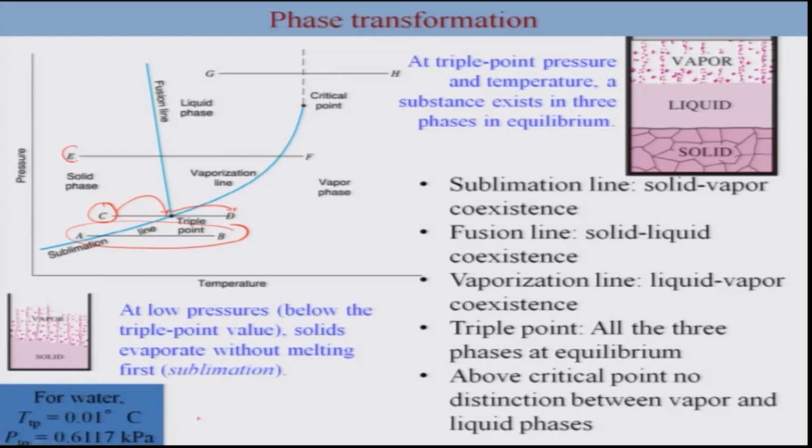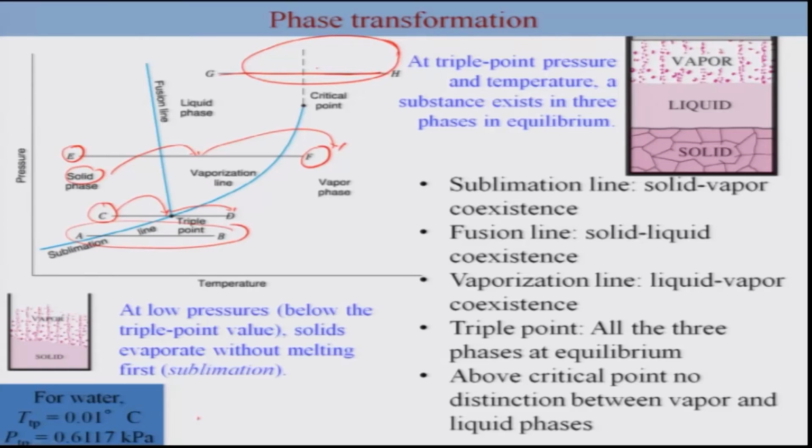In the case of E to F, you go from solid to liquid to vapor phase. And then you have a state where you do not have any phase transition because it is a supercritical region. So, it is continuous here.